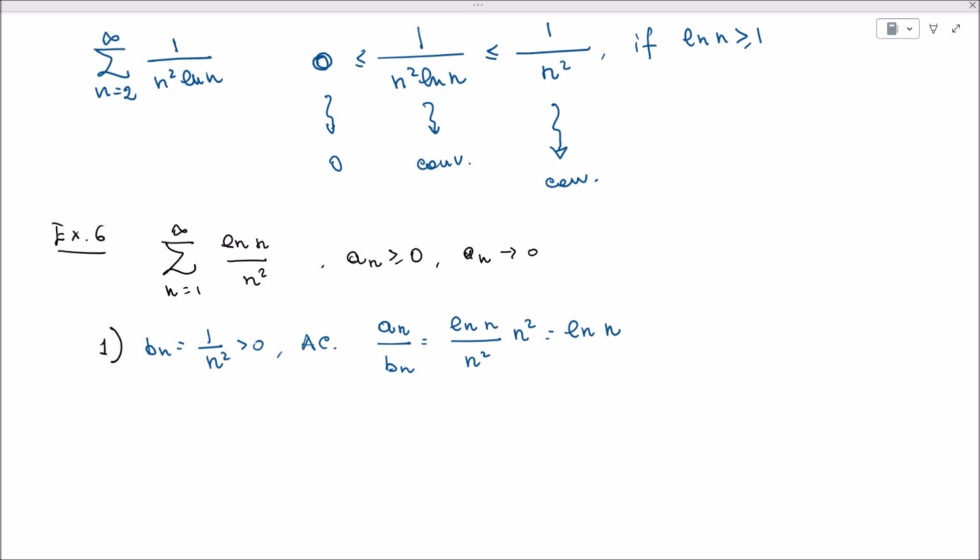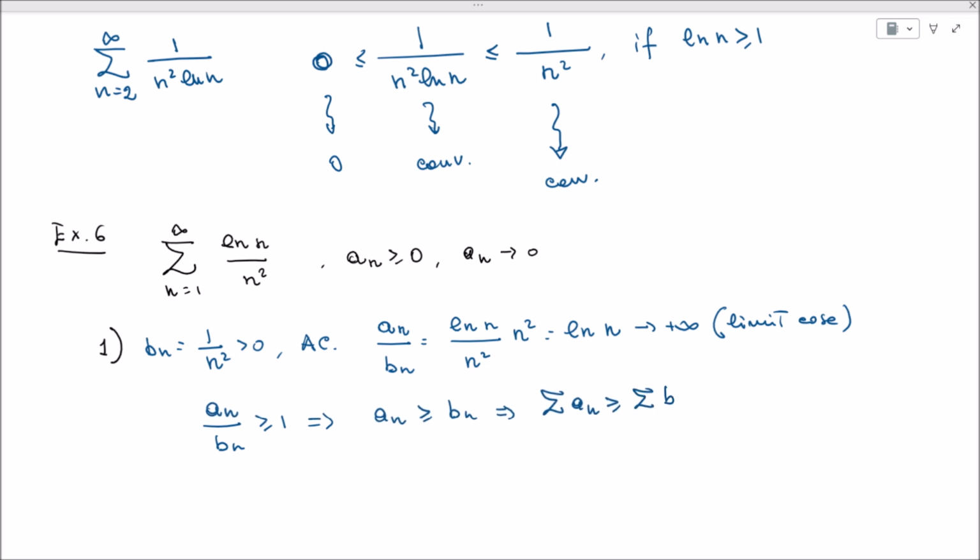Now, the logarithm of n, of course, tends to plus infinity. So we are in one of the limit cases. Remember that this implies that an over bn definitively will be larger than or equal to 1, which implies that an will be larger than or equal to bn. So we can say that the sum of an will be larger than or equal to the sum of bn.